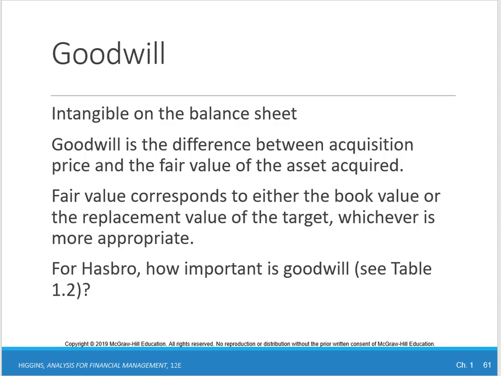The purchase price minus the replacement value is goodwill. So how important is that? If we go back and look at a previous balance sheet, we would see that obviously the goodwill is certainly not an insignificant part of the assets of Hasbro.